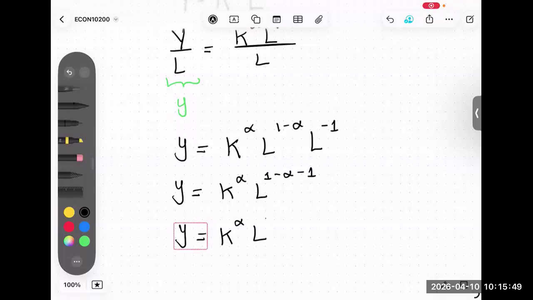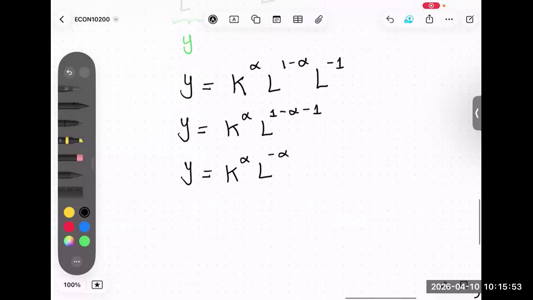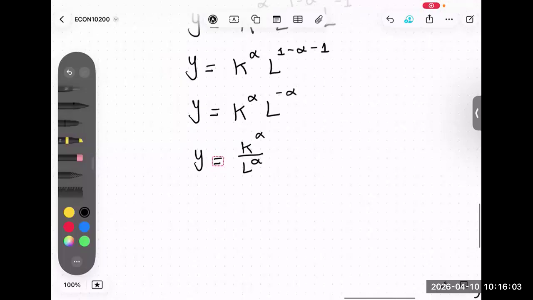And then you have L to the minus alpha. Once again, we can use rules of exponents. And what you will see is that this is K alpha over L alpha, which again, I'm doing all the steps. You can simplify this to K over L raised to the power of alpha.